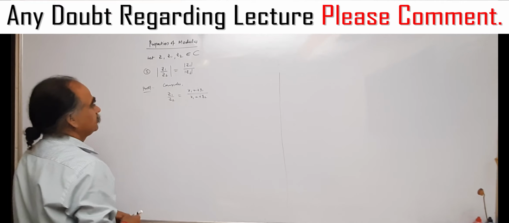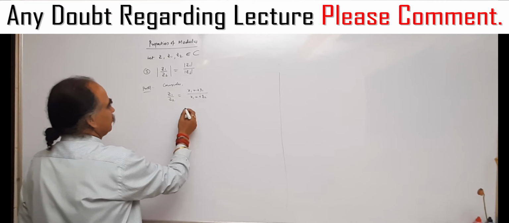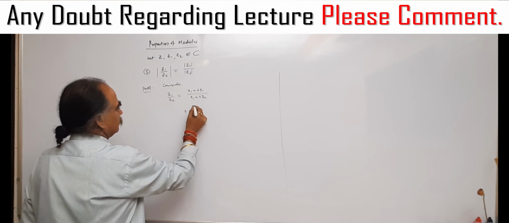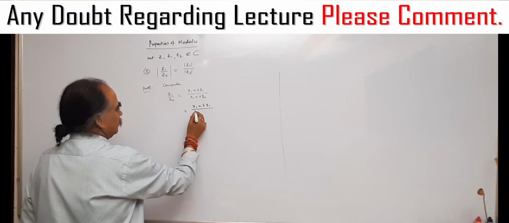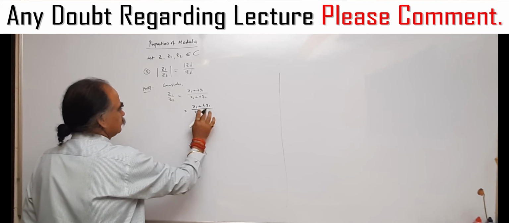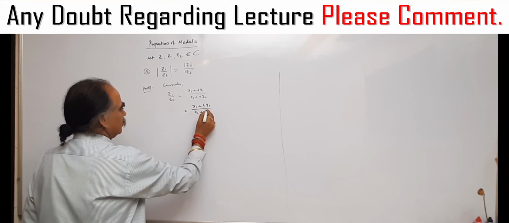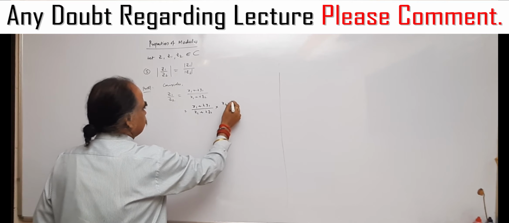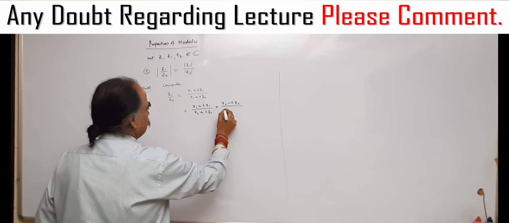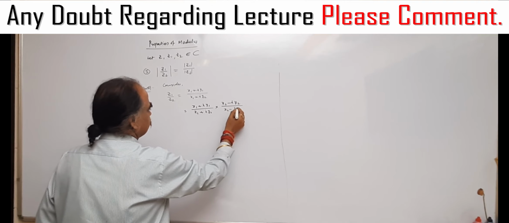So the method is what? Multiply and divide by the conjugate of the denominator: x1 plus iy1 upon x2 plus iy2, multiply and divide by x2 minus iy2 upon x2 minus iy2.